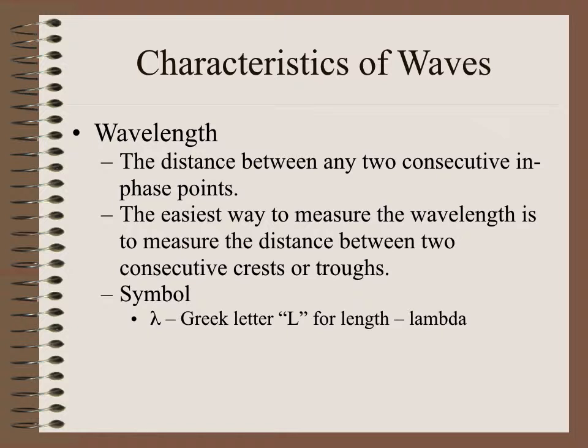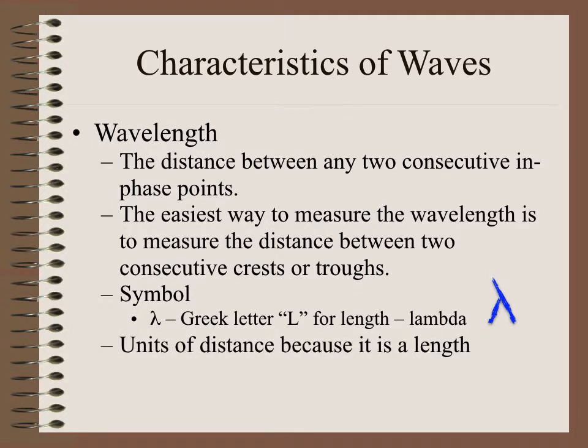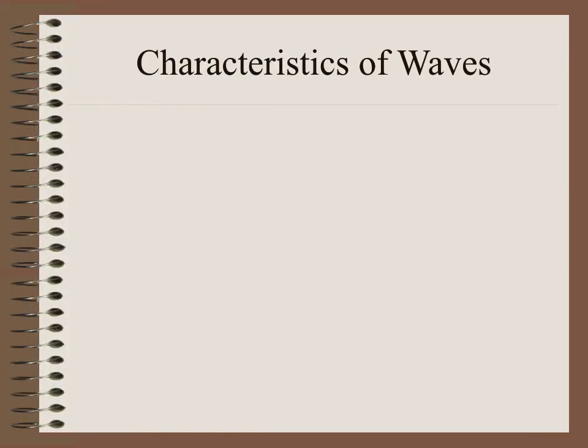So the easiest way to make this is to make as though you're making an X, and just don't make the upper right hand corner. And that's your lambda. And since wavelength is also a length, it's also going to be using units of distance: centimeters, millimeters, meters.